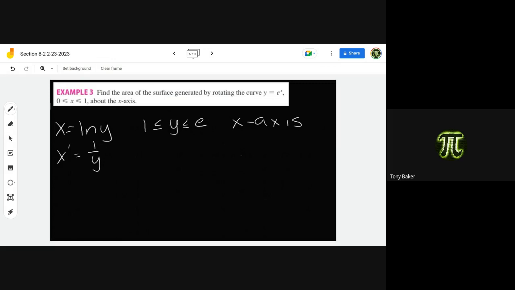All right, so we've got our integral. It's still the integral of 2 pi, this time it's just the y, going from 1 to e, and I have the square root of 1 plus 1 over y squared, dy.